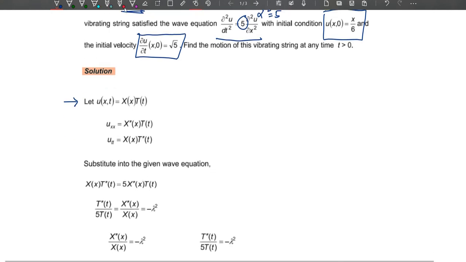Next we substitute into the given wave equation. We have X(x) T''(t) for ∂²u/∂t², equal to 5, times ∂²u/∂x², which would be X''(x) T(t). As a reminder, we use the partial derivative here.